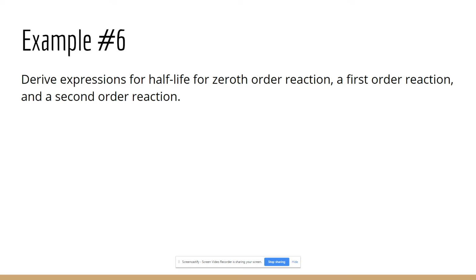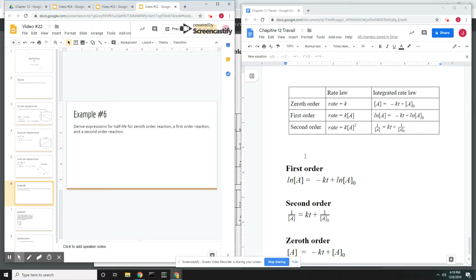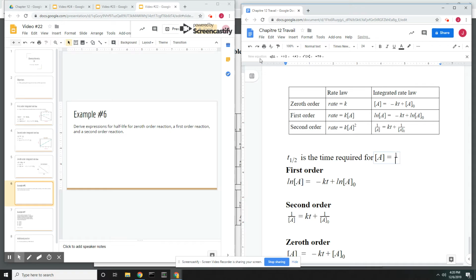Pause here. I'll work through this with you. It's really just algebra for this. So T1/2 is the time required for concentration to be equal to half of initial concentration.